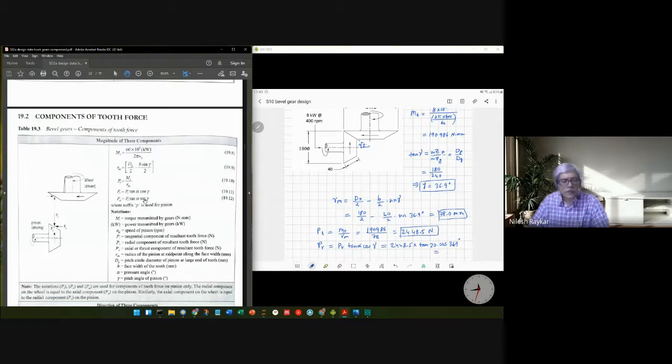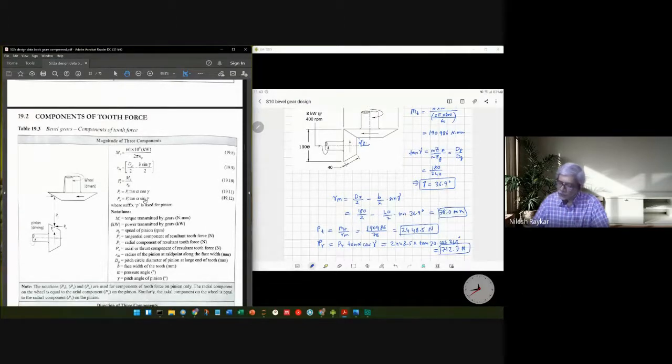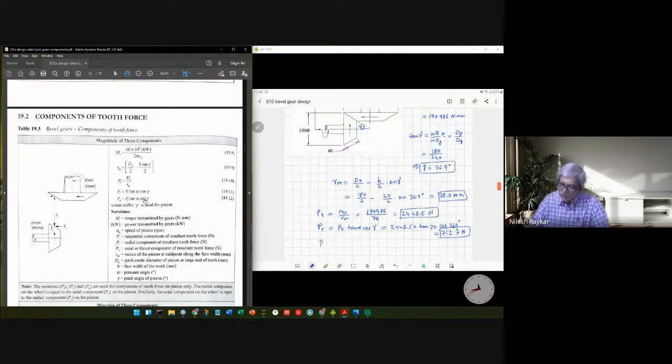This answer is 712.7 newtons. And PA would be Pt tan alpha sine gamma. If we calculate that, it comes to 535.1 newtons. So these are the magnitude calculations.